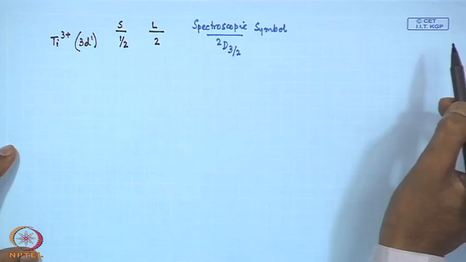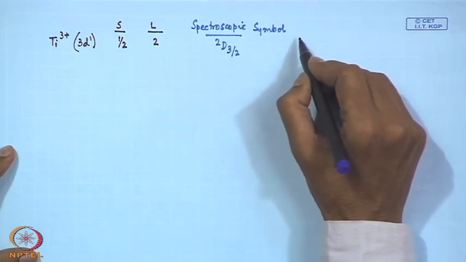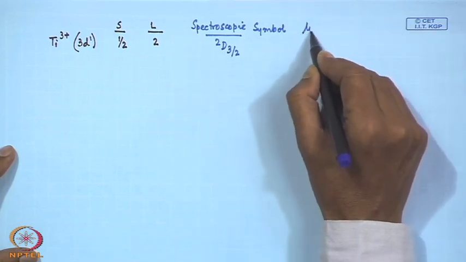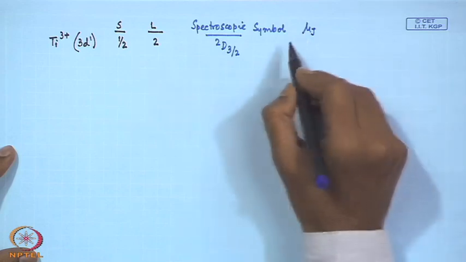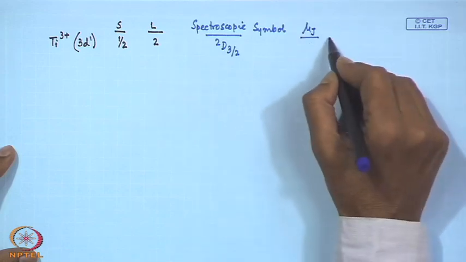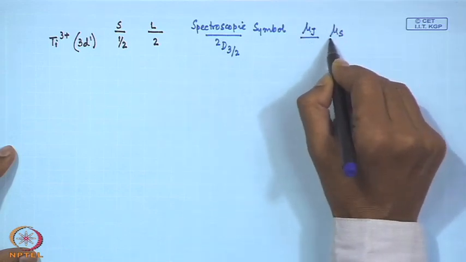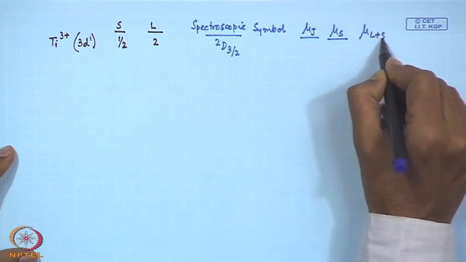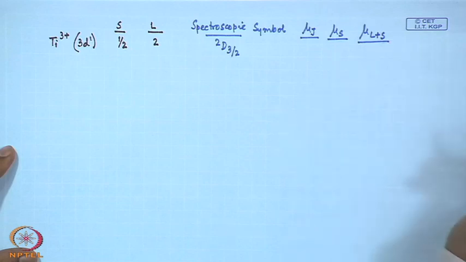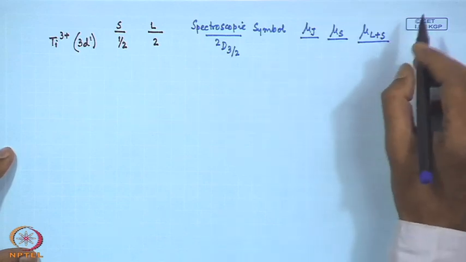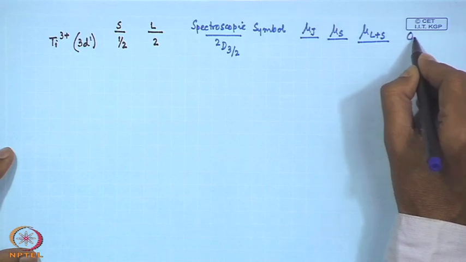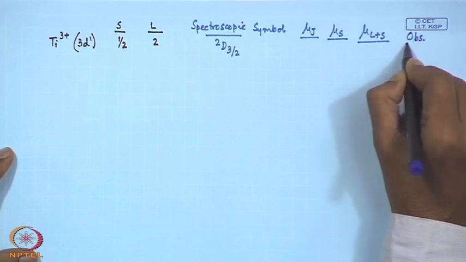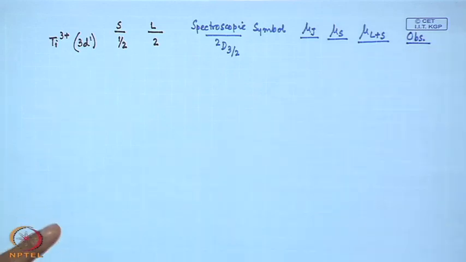So, for this we can utilize the corresponding mu J equation, the corresponding mu S equation and the mu L plus S equation. Theoretically we can utilize these to get the different values and finally compare with the observed values of the magnetic moment.